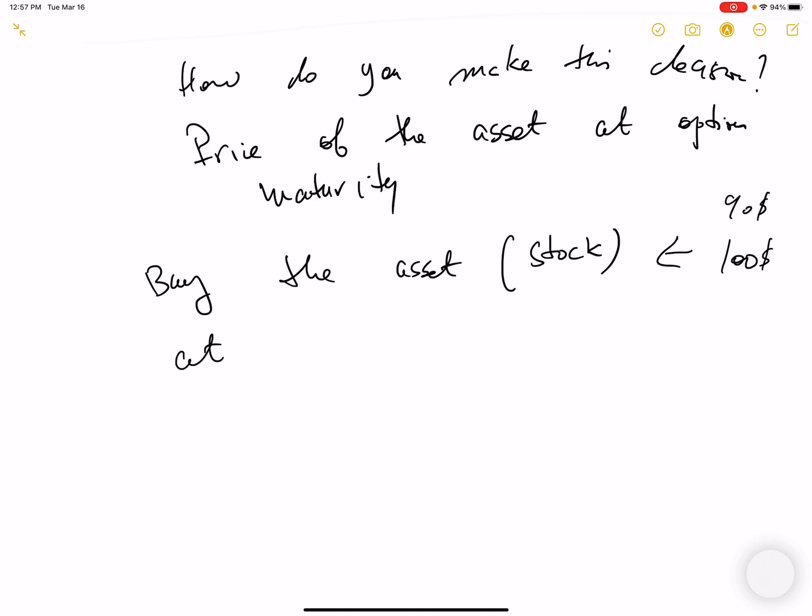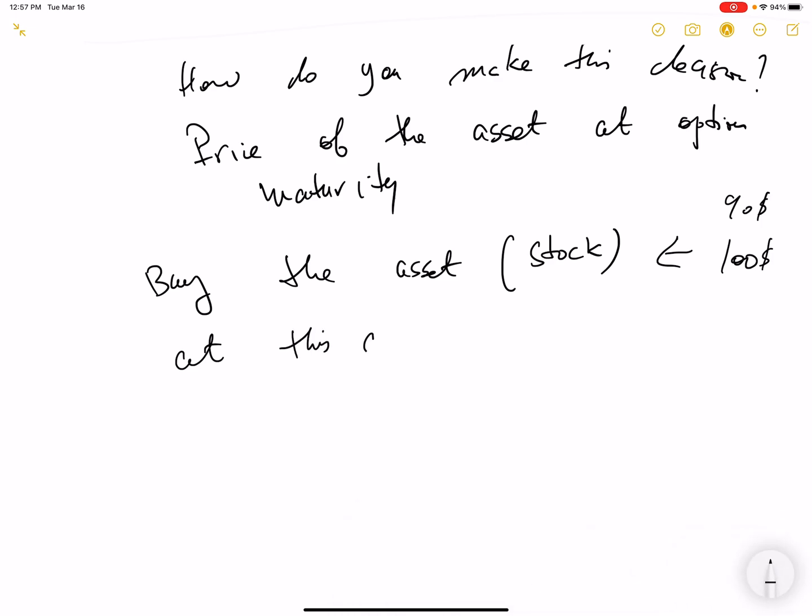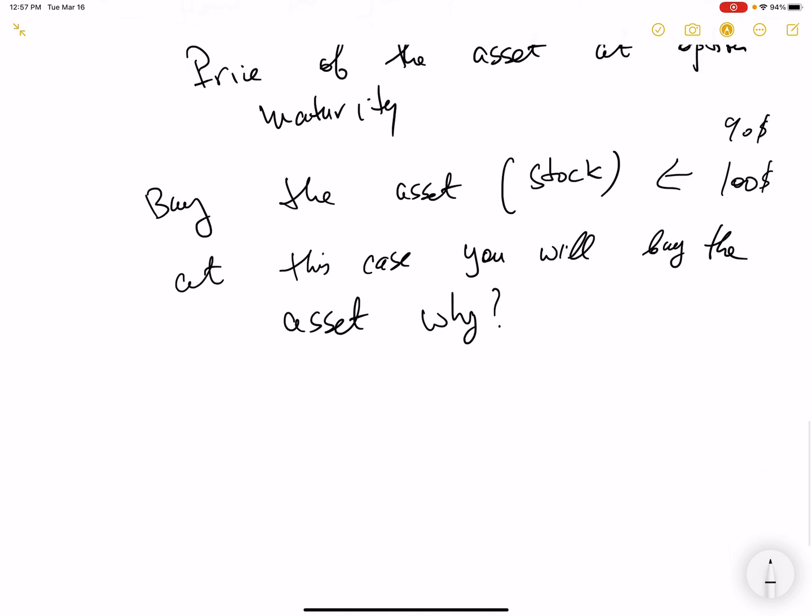So in this case, you will buy the asset. Why? Because in this case, you can buy the asset for $90 and sell it for 100.